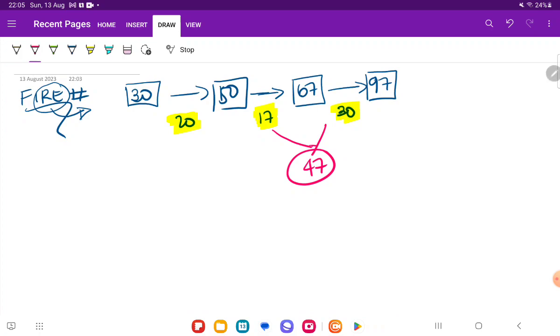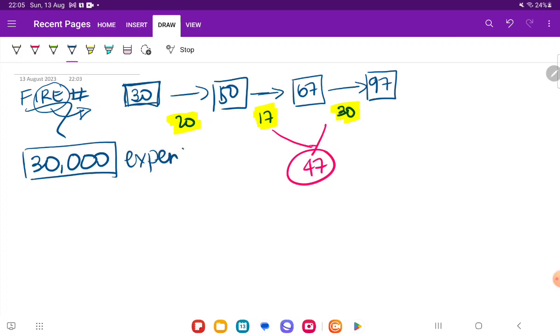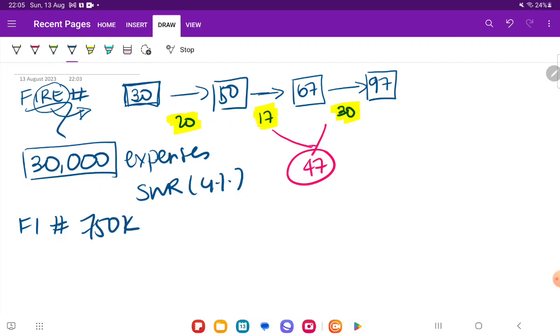So the first things first, I like to start and estimate what's my current spending. So let's say my current spending is 30,000. So these are my expenses. And based on these expenses, if I use a safe withdrawal rate of 4%, it means that my fire number is 750,000, right?